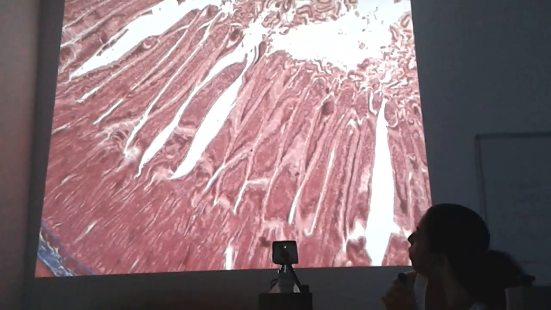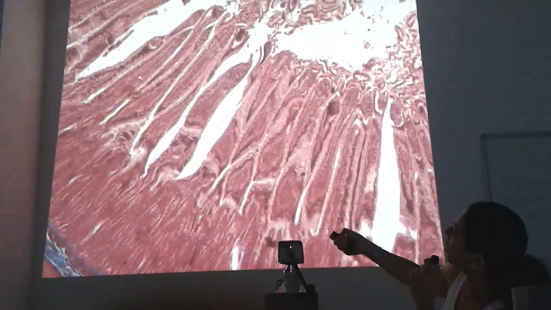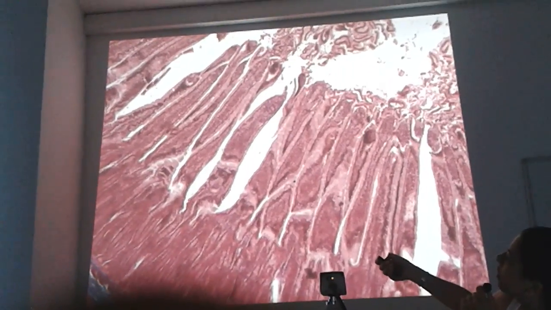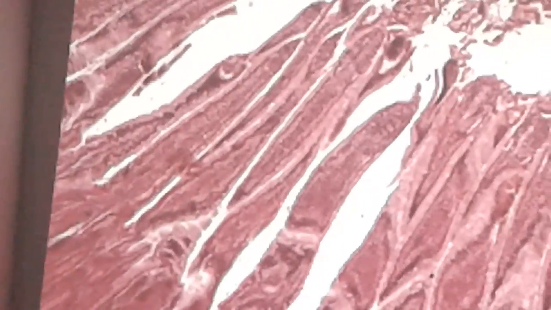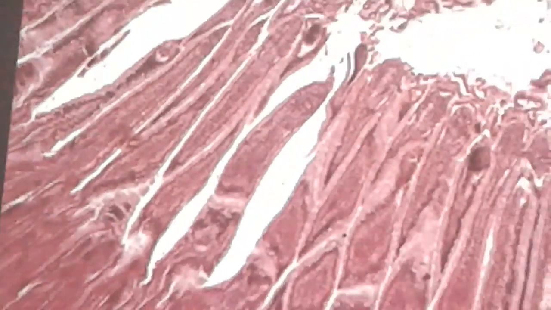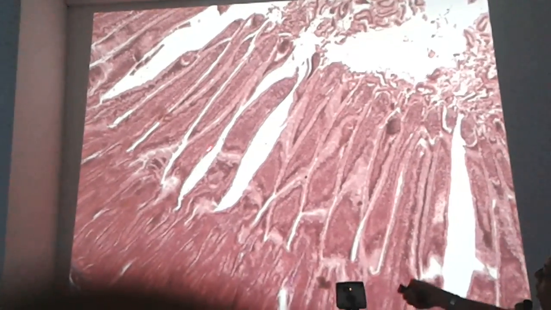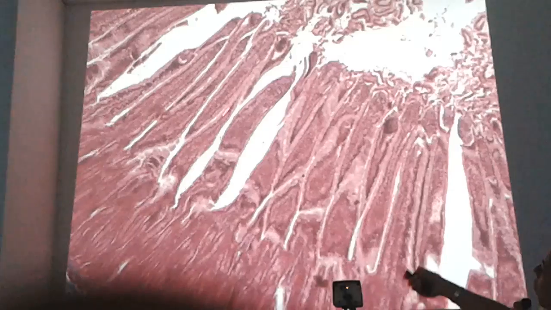All right. To find the epithelium that lines the small intestine, you have to look towards the lumen of the organ. So this is the lumen of the organ, and these are villus structures that you are going to learn about in future lectures.